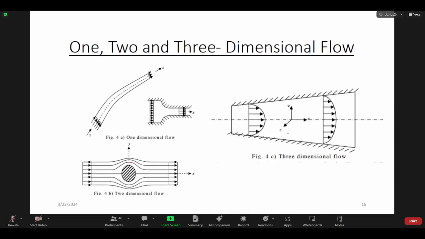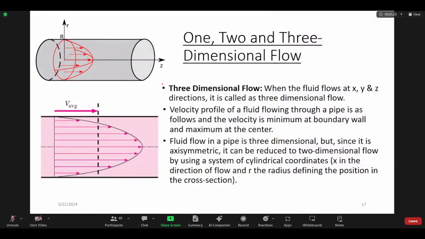So 3D means when the fluid flows in x, y, z directions, it is called a three-dimensional flow.